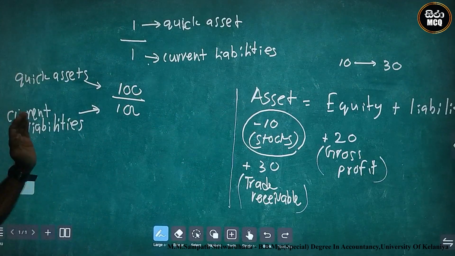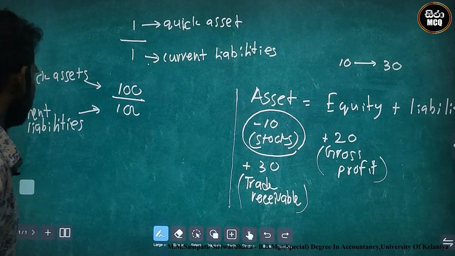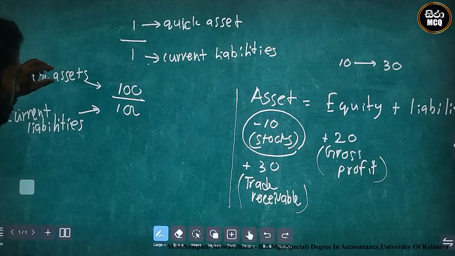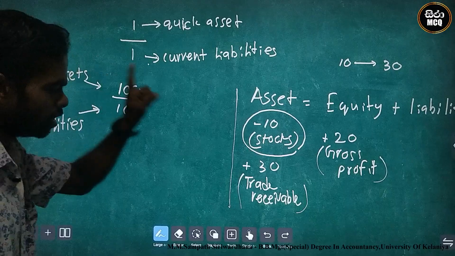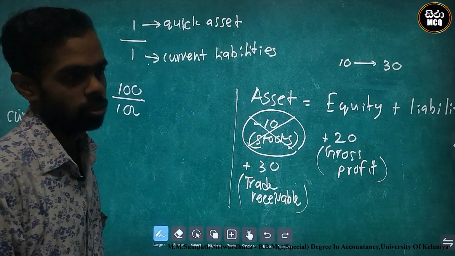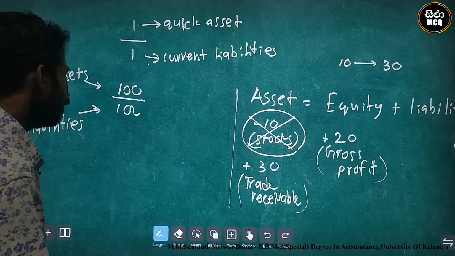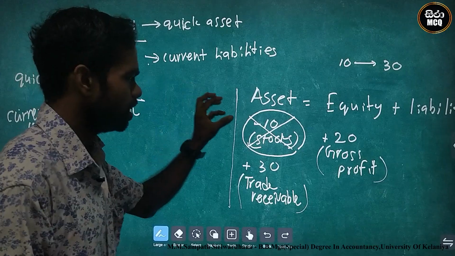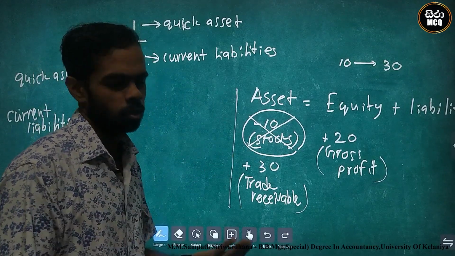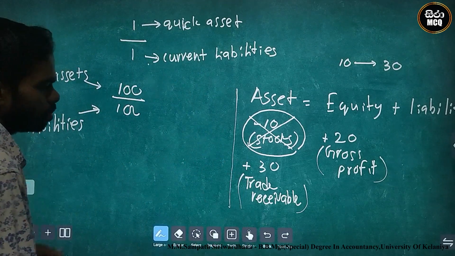There is no inventory in quick assets. Quick assets are not including stocks, therefore we can eliminate the stocks impact. Therefore, gross profit is not impacting this one.